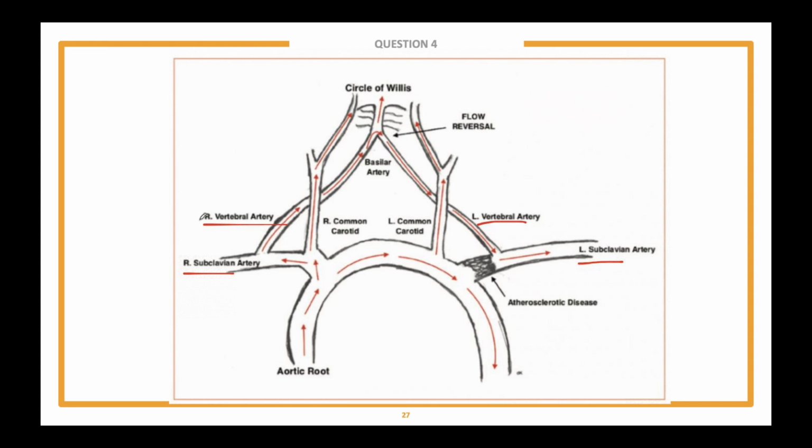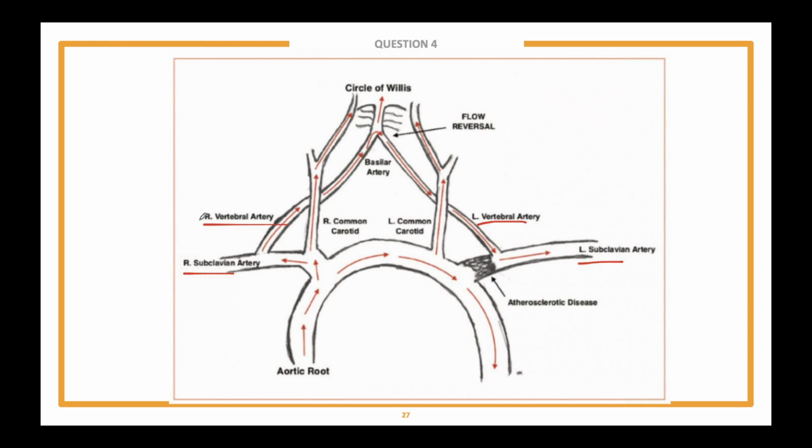Now, if you have a blockage in the subclavian artery, as indicated by that diagram, and it's proximal to the vertebral artery, so that blockage in the left subclavian artery is proximal to the left vertebral artery, vascular demand from that arm, so the left arm, let's say the patient's using his left arm extensively, or maneuvering himself, can actually cause blood to flow in a retrograde fashion.